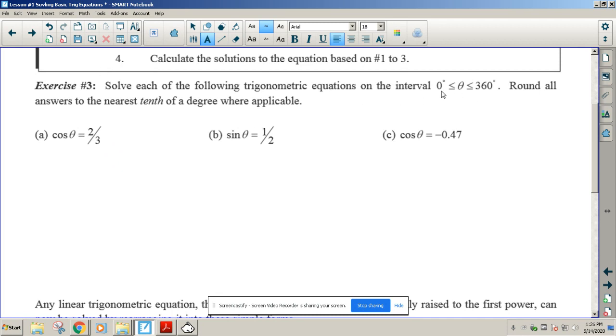On all these problems, we're going on a full graph, and cosine now is positive. Before you do anything, you always want to think through the signs.